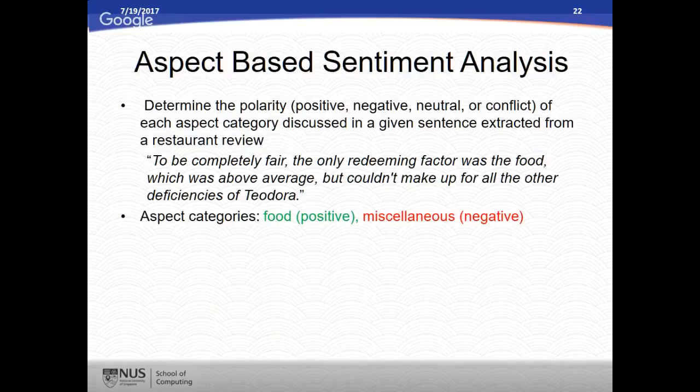Take this example as well. He's saying, to be completely fair, the only redeeming factor was the food. Everything else was bad. So here he's talking well about the food aspect, but negatively about everything else. If you do sentiment analysis on this as a whole, it doesn't make sense. But if you can figure out the aspect and the associated sentiment behind it, then you can use it somehow.